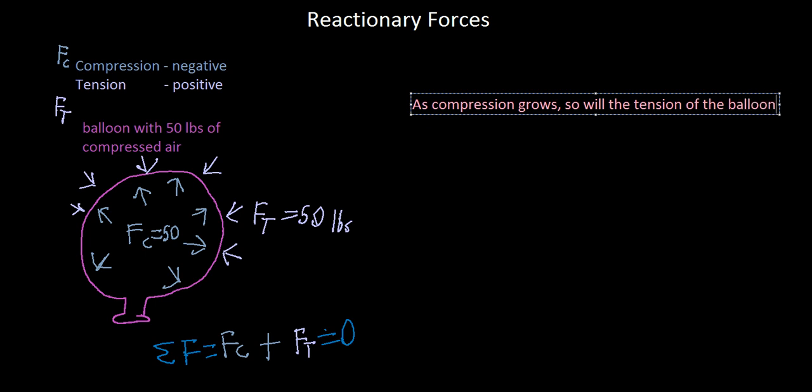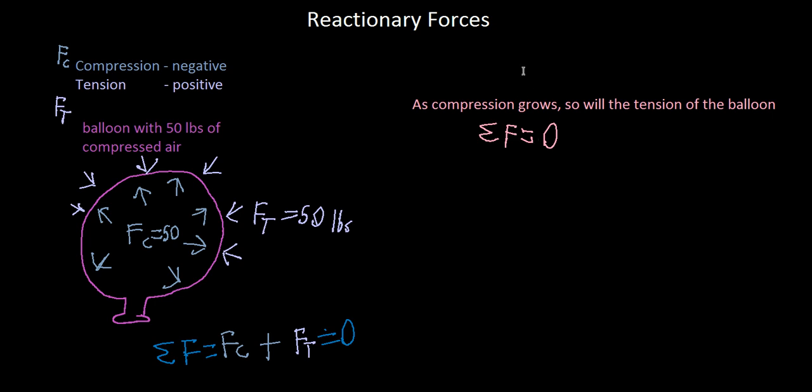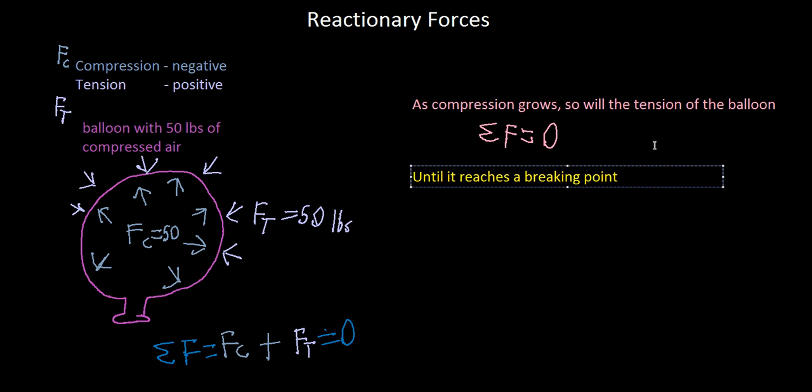And as long as that's happening, we can say the sum of all forces equals 0, as long as the tension grows to meet the compression of the balloon. But then we can say this is true until it reaches a breaking point. And at that point, we will know that the sum of all forces does not equal 0.